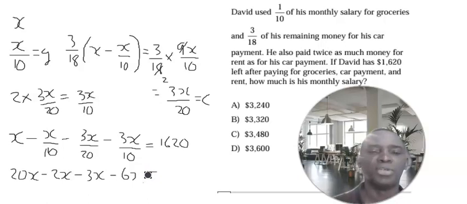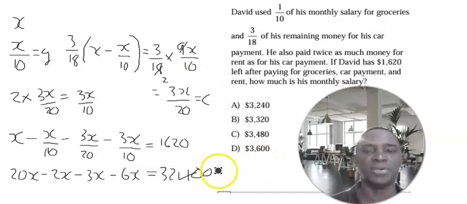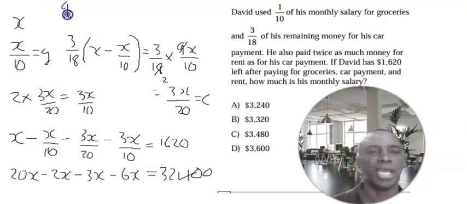Now if we multiply the other side, 1620 times 20 will give us 32,400. Now if you tidy what you have on your left right now, this is going to give you 9x.